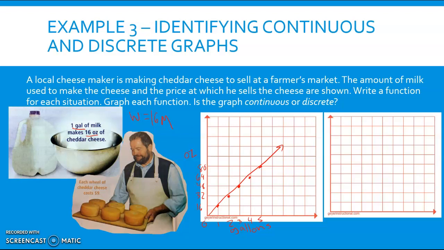So let's take a look real quick at what might make a discrete graph, okay? So we have each wheel of cheddar cheese costs $9. Each wheel of cheddar cheese costs $9, right? So I've got $9 times the number of wheels of cheese equals how much it costs, the amount.